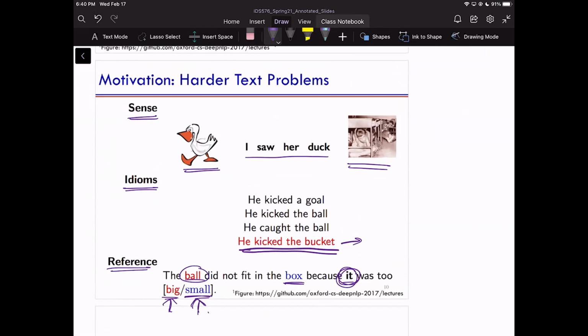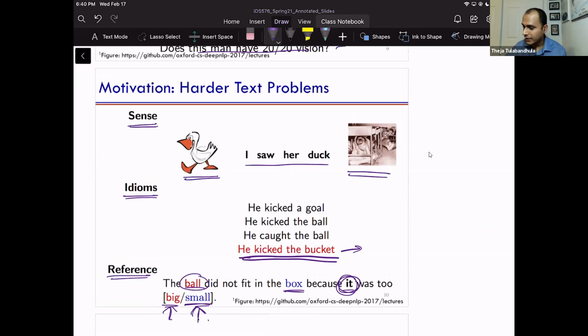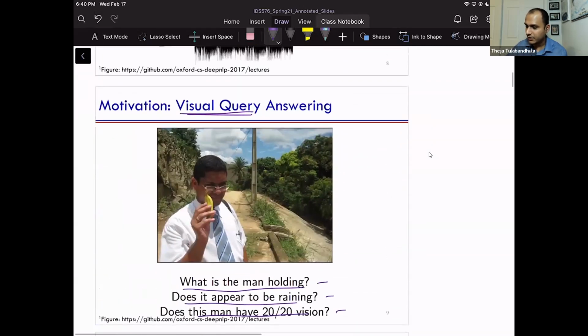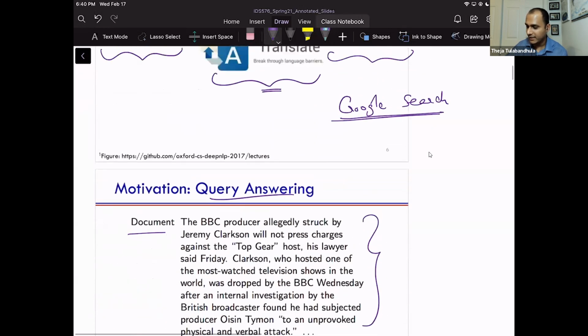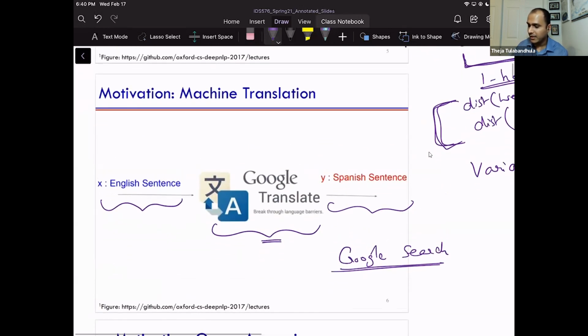So in terms of this harder text problem, what is it trying to solve here? I'm just saying that there are the same problems, right? For example, if you want to go back to translation as a canonical example, if you say, I saw her duck as the English sentence, and you want to produce a Spanish sentence, you want to know whether you're talking about the person kneeling down or getting closer to the floor, or is it actually the animal, right?